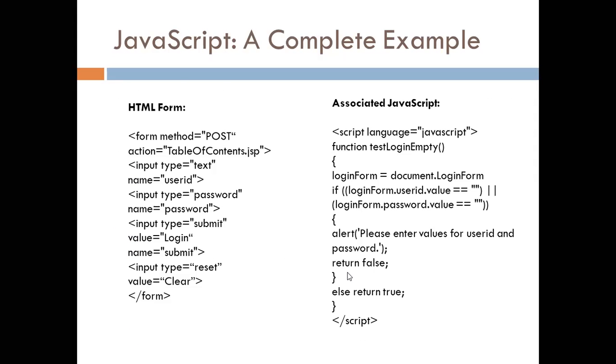So this is regarding validations, and JavaScript is used for validation only. JavaScript cannot interact with the backend or database. It can only interact with the HTML page. So the HTML page contents or form contents can be read and can also be modified in JavaScript.